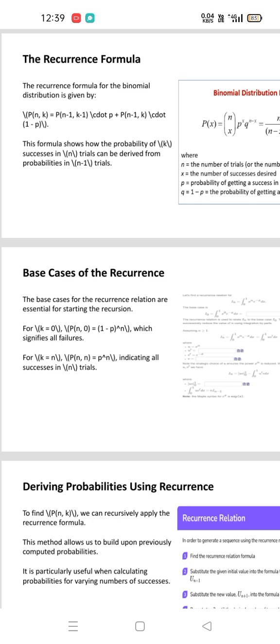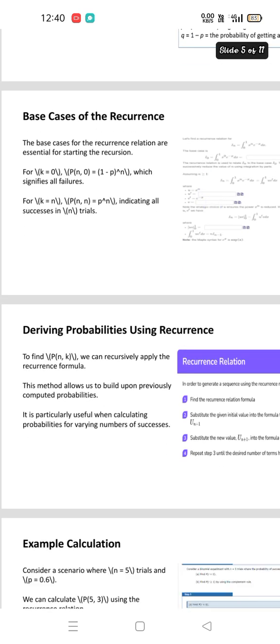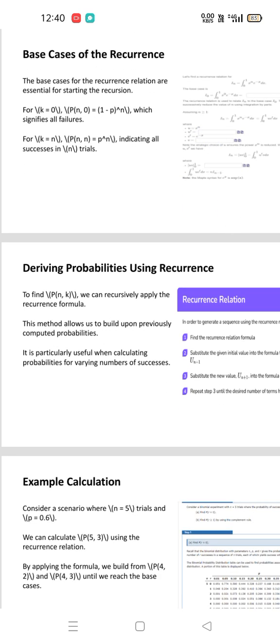For k equal to n, P(n, n) = p^n, indicating all successes in n trials. Deriving probability using recurrence: to find P(n, k), we can recursively apply the recurrence formula. This method allows us to build upon previously computed probabilities.